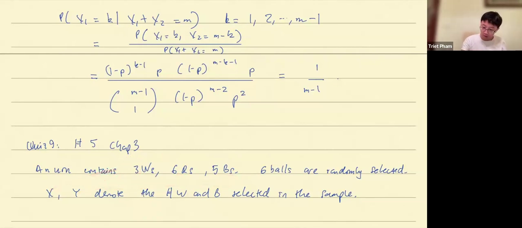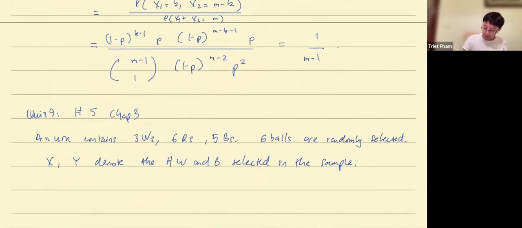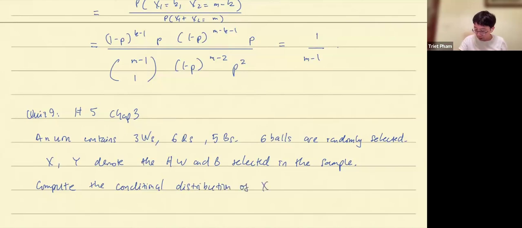So they ask to compute the conditional probability mass function, which is a fancy way to say conditional distribution, of X given Y equals 3.